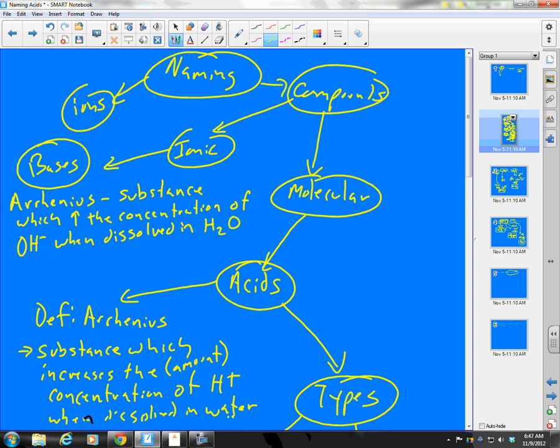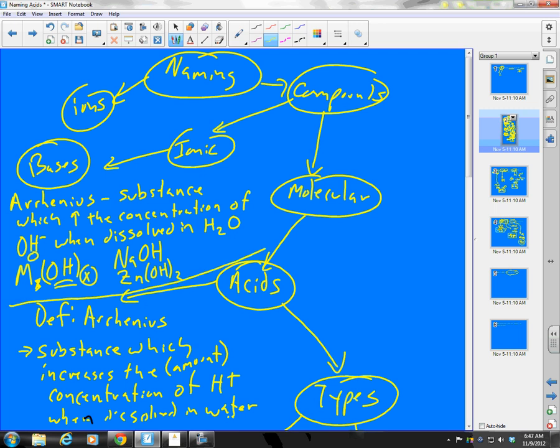So usually with my bases, they take the form of a metal, and then an OH. I have OH in my formula. I have a metal, and this X depends on the charge that I would have on my metal, right? So something like sodium hydroxide or zinc. Zinc is always plus 2, right? So I need 2 hydroxides. Good. So that is my base.